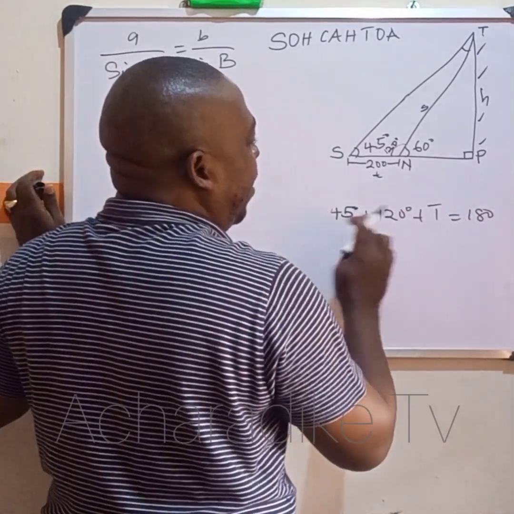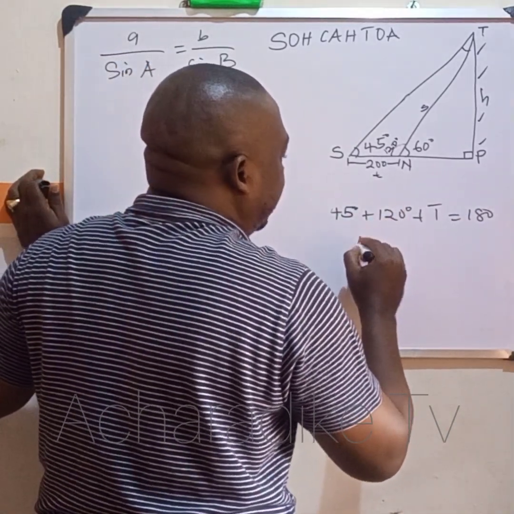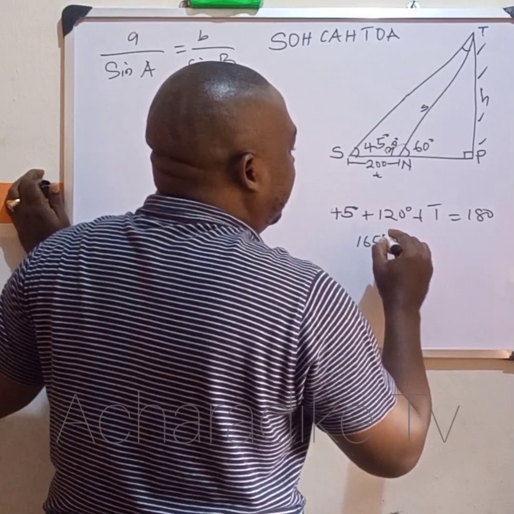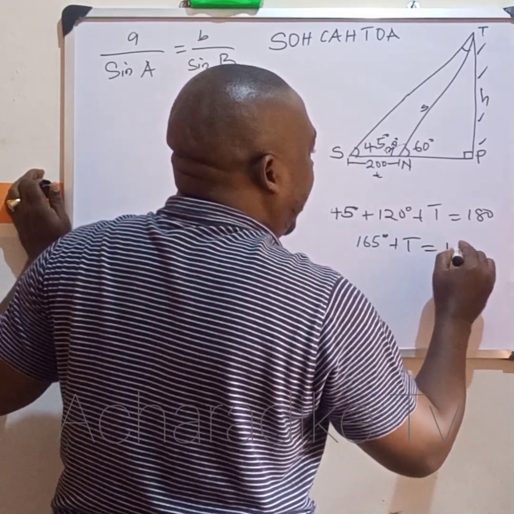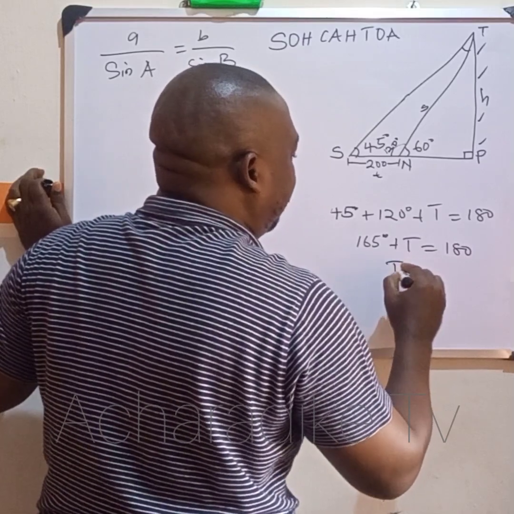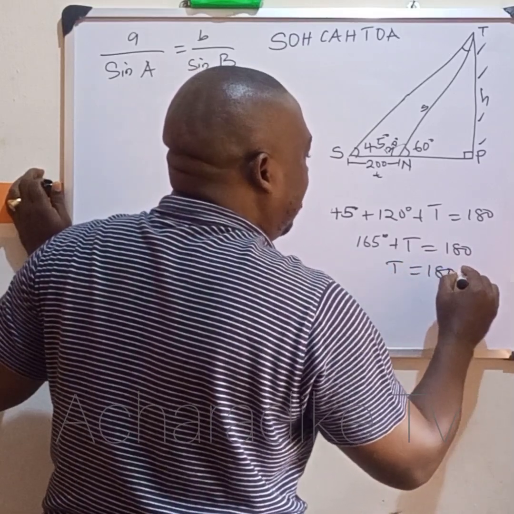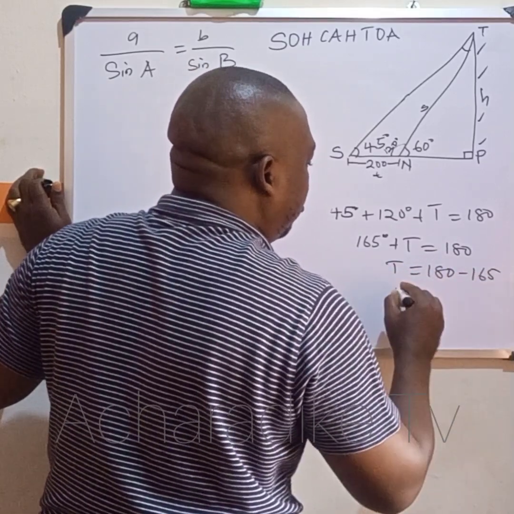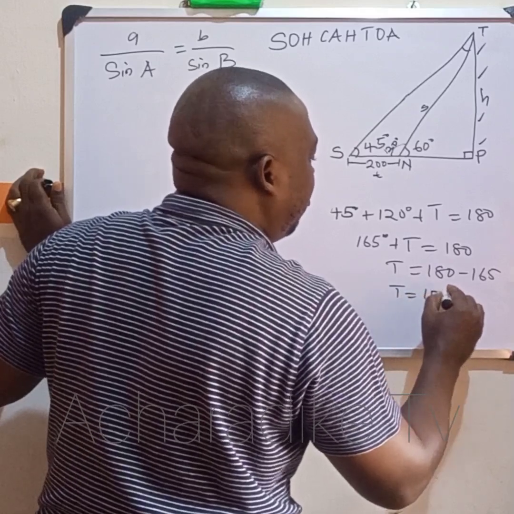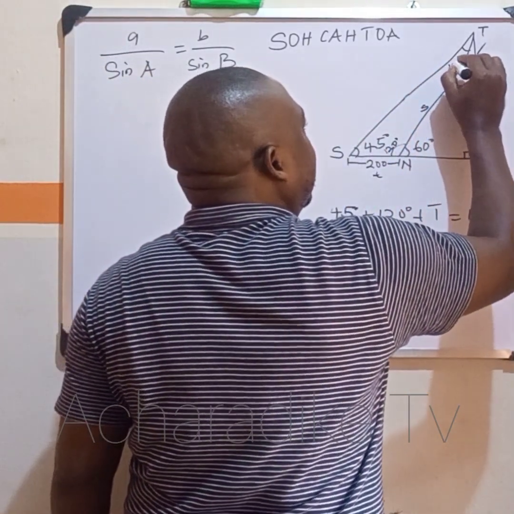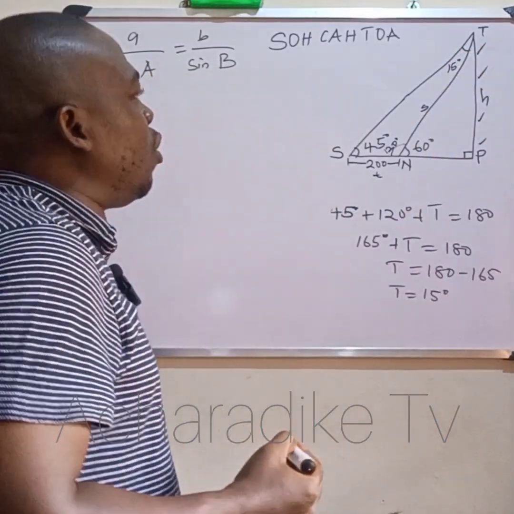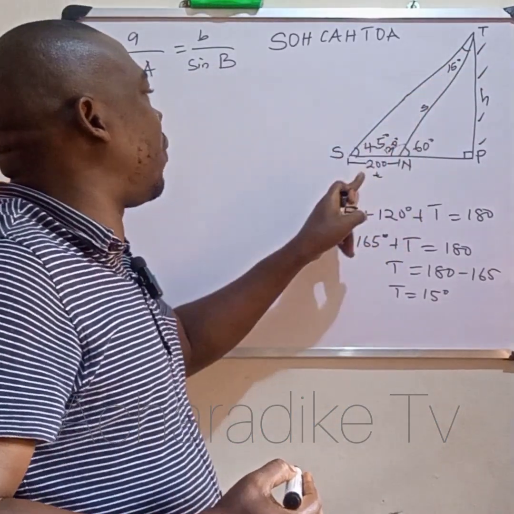So 45 plus 120 is 165 degrees plus t is equal to 180. Now for us to find t, it will be 180 minus 165. So t is equal to 15 degrees. So it means that this angle is 15 degrees. So now we have these two known.